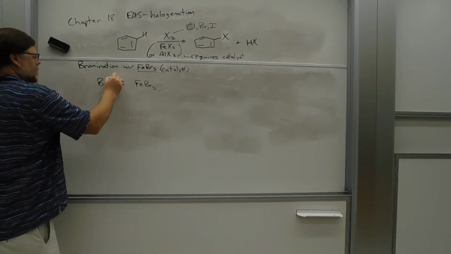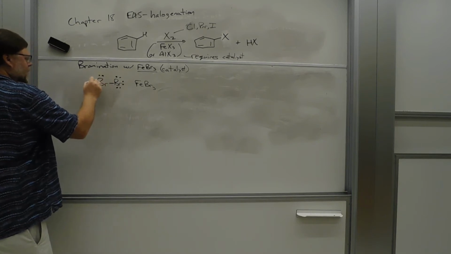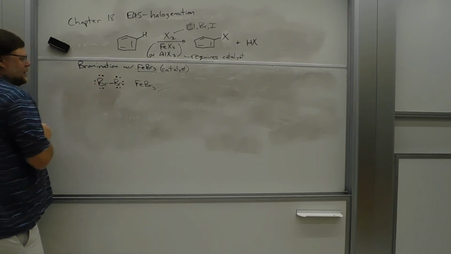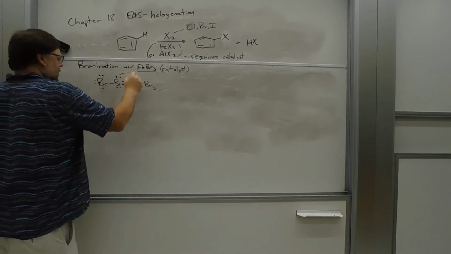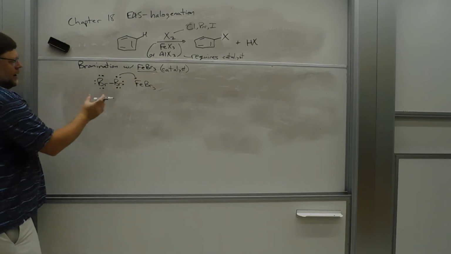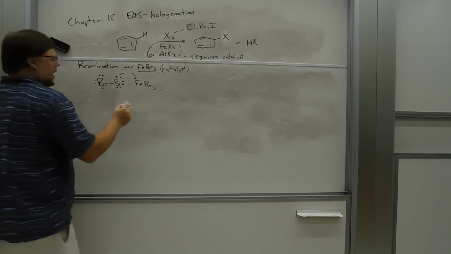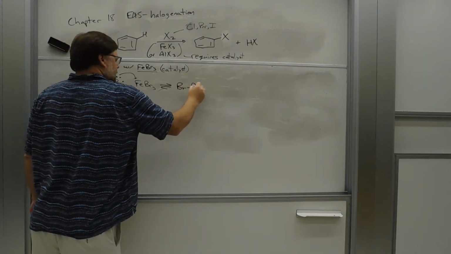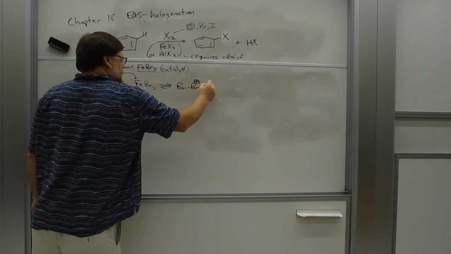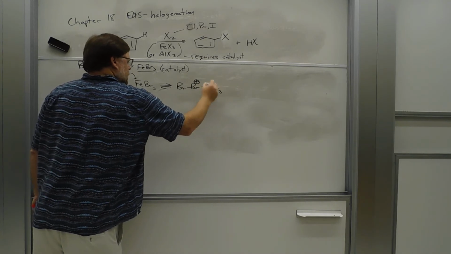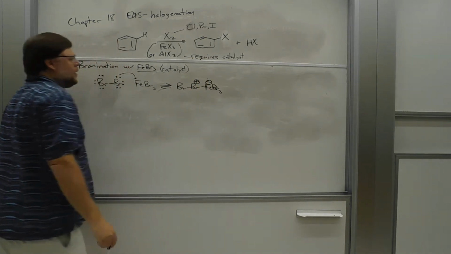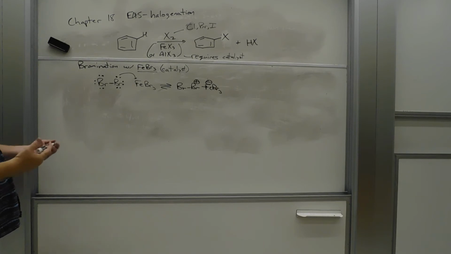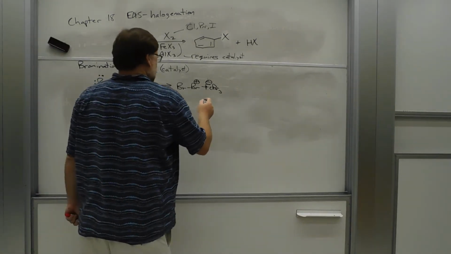But it's a strong Lewis acid, an electrophile, and so you get a reaction where a lone pair on bromine reacts with iron, and now look what we get. Minus. And that is probably the catalyst.